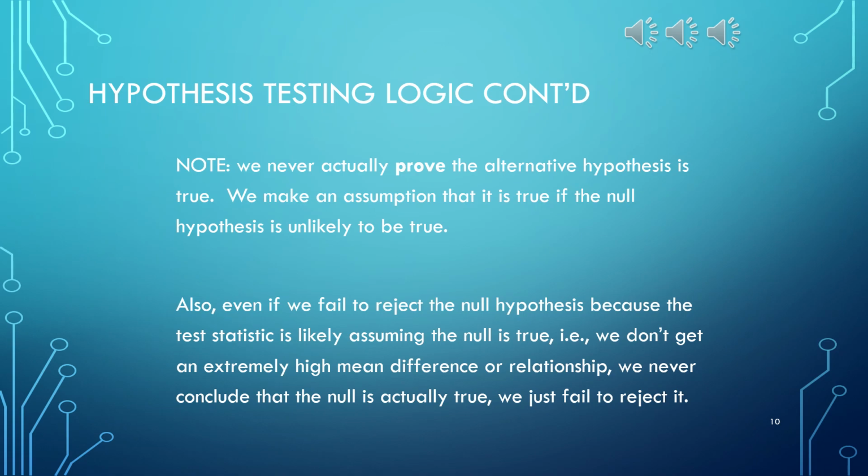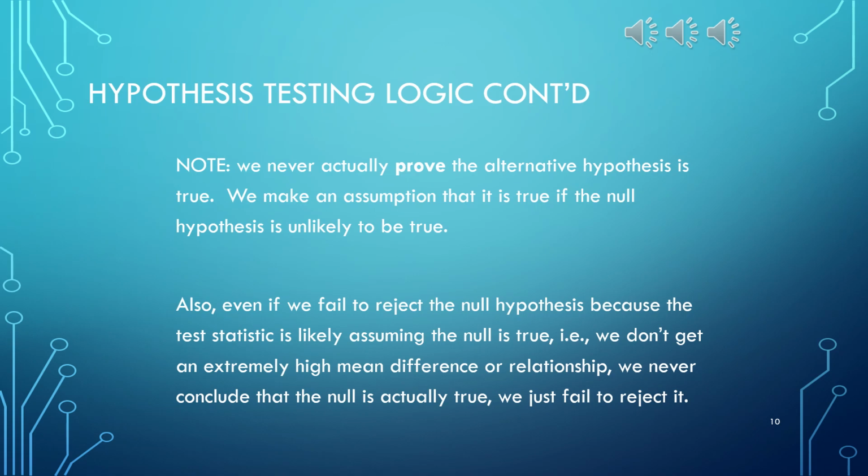Also, a little bit about wording, like when you're writing up a results section. Even if you fail to reject the null hypothesis, meaning that it is actually likely that we would see depression scores like this if drug A did not work, and so we don't have enough evidence to reject the null, what happens when you're writing these results is that we don't actually conclude that the null is true.